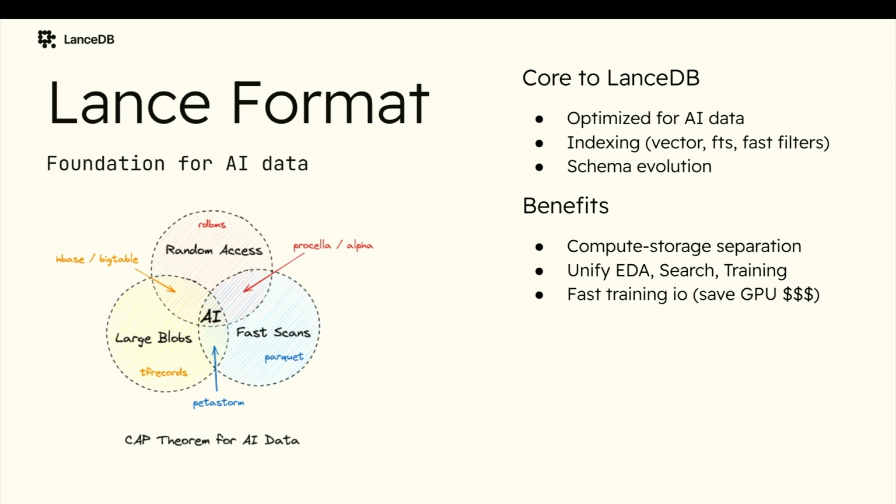But if you now start needing to do things like searches or shuffling when you're doing training, now you need to be able to support random access as well, and Parquet does not do that. And then if you need to do distributed training, you also need to be able to manage large blob data.